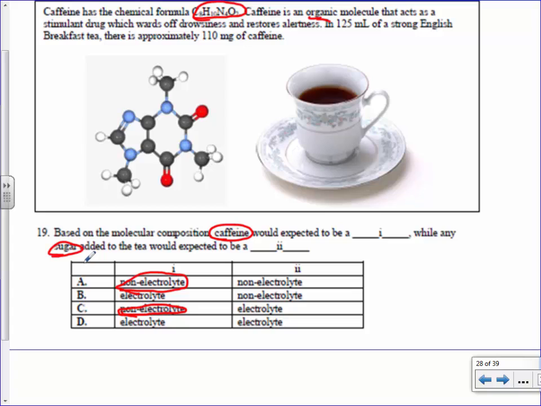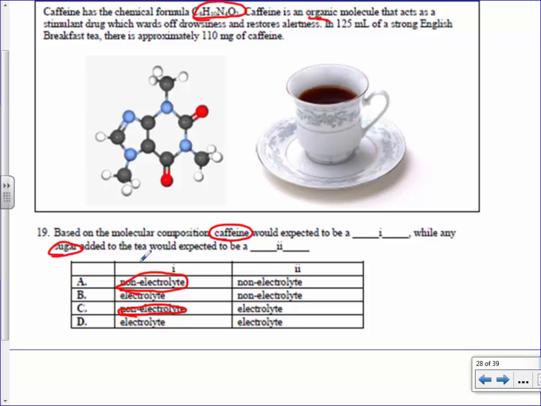Well, what is sugar? Anybody know anything about sugar's molecular formula? I mean, sugar can be like, say, sucrose or glucose or something along those lines. C6H12O6 or C11H22O12. You guys know what I mean by that? Well, is that ionic or covalent? It's covalent again. Yeah, sugar is a covalent molecule.